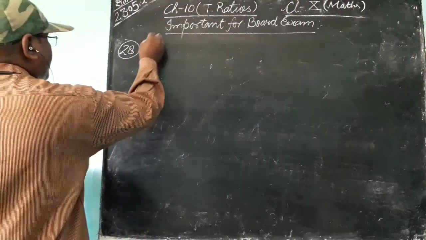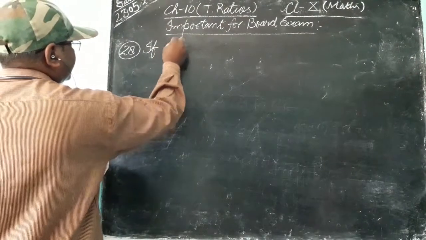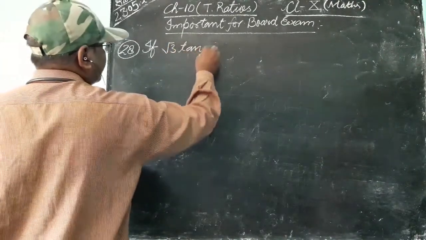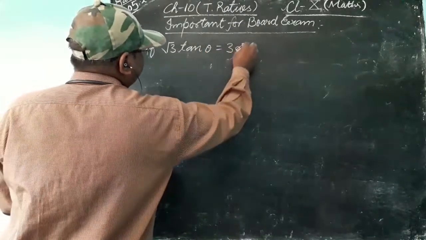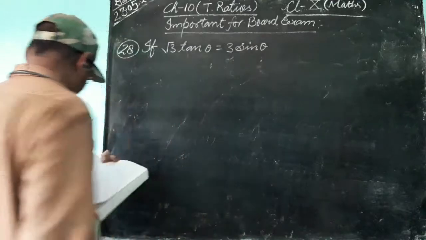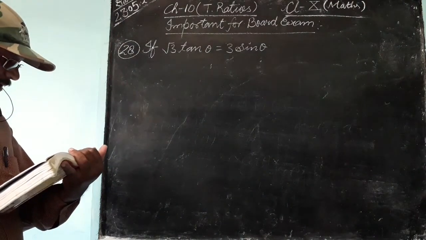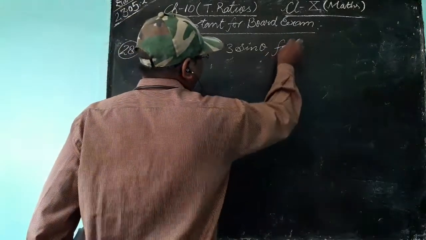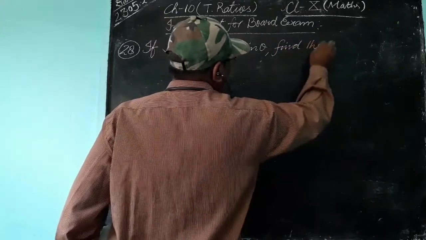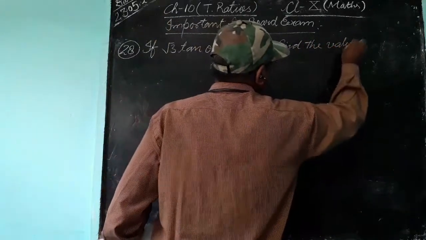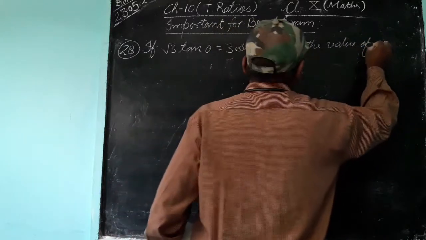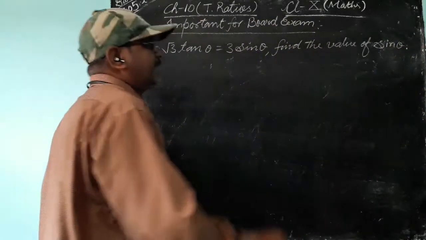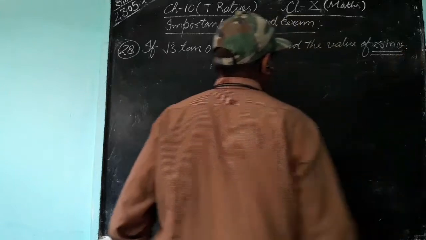If root 3 tan theta is equal to 3 sin theta, then find the value of sin theta. Clear? You have to find the value of sin theta. That's clear, friends?